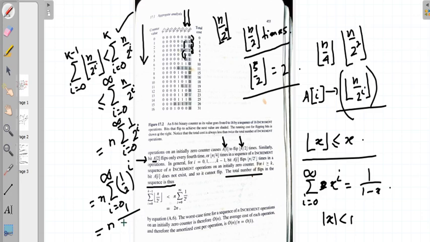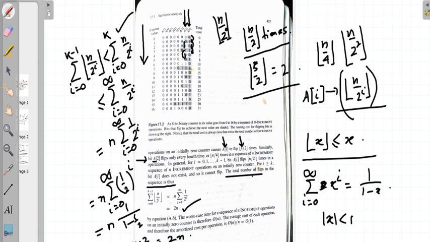So 1 minus half here. What we are getting is n times 1 by half, which will be 2, so that is 2n, right? So you see we have got 2n here.